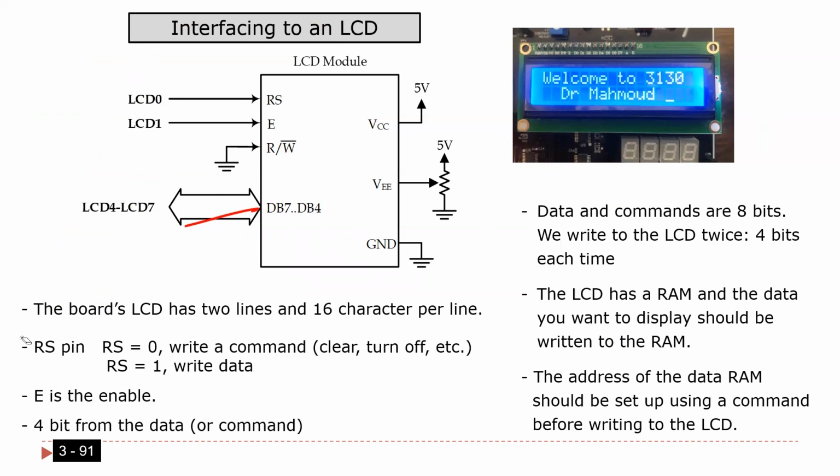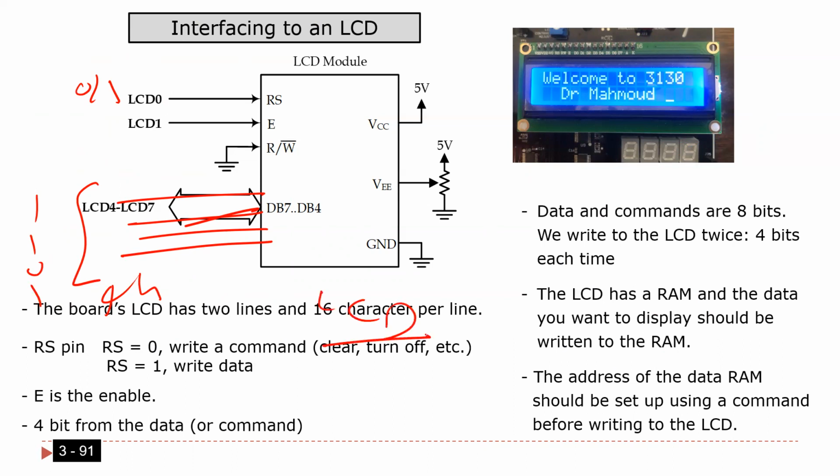If you already put some value here, 0 or 1, and then you put 4 bits here, 1, 1, 0, 1, whatever, how can the LCD know that everything is ready and it has to work, that now it can take whatever is here and there? That's why we have this pin.